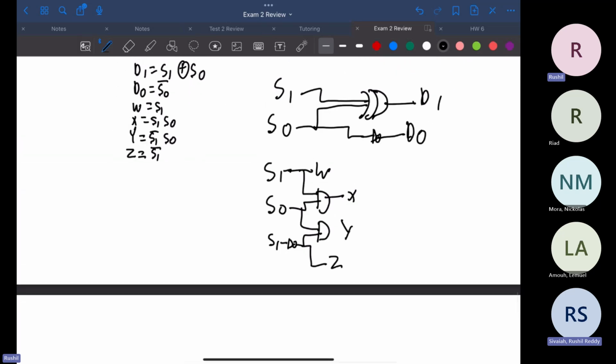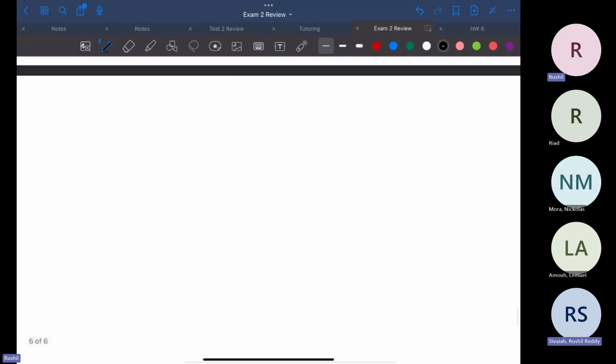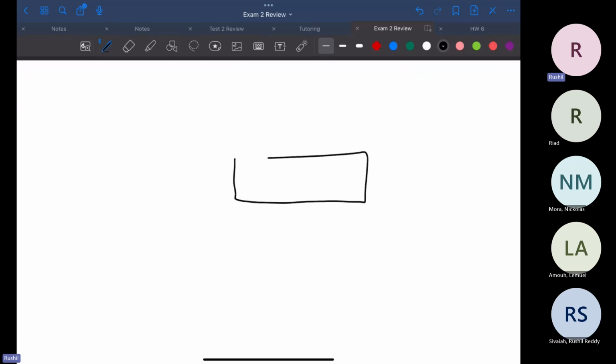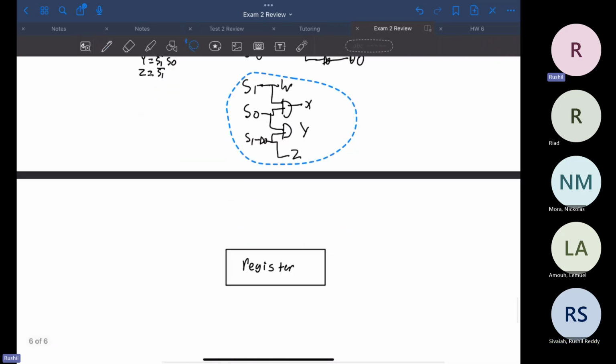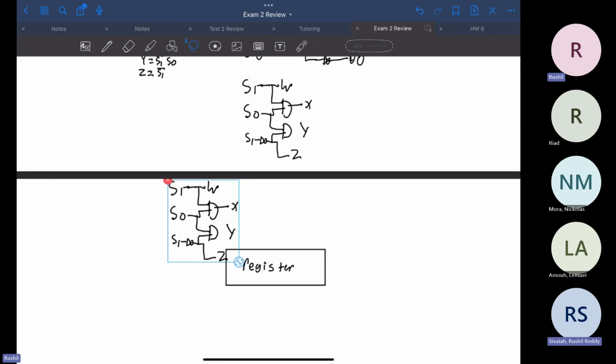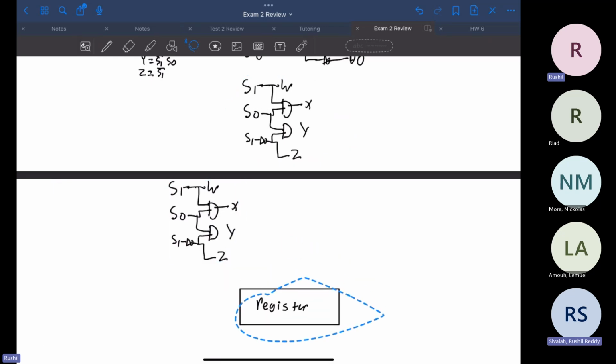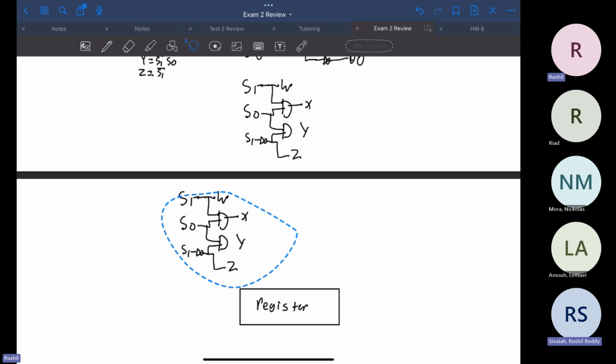So we need something to store the value of our current state. To do that, we're going to create a register right here. You can name it whatever you want. So now we're going to copy these. I'll put it right here. Move this down. Move this over here.